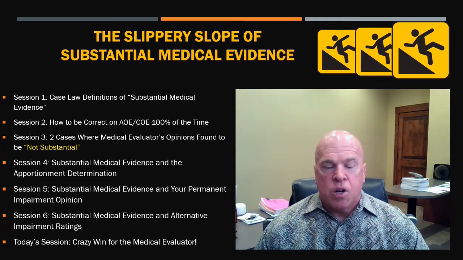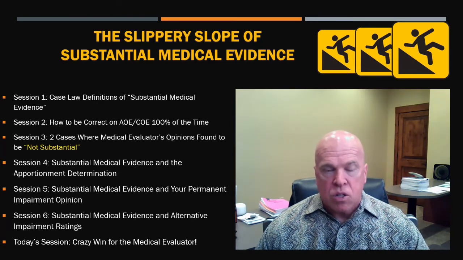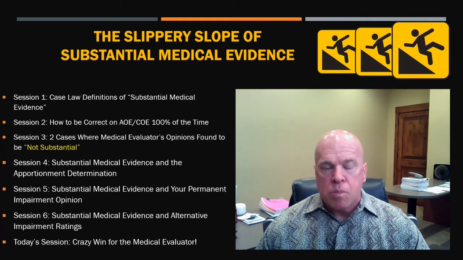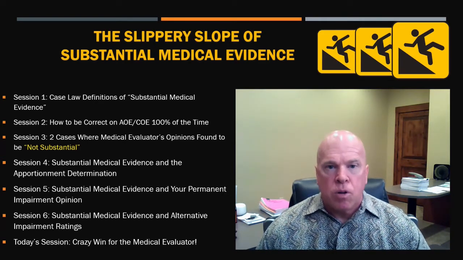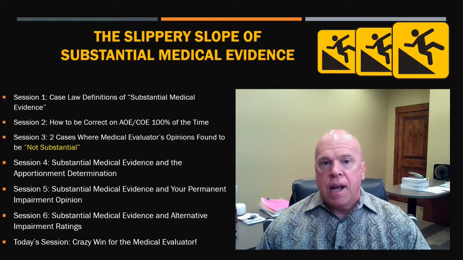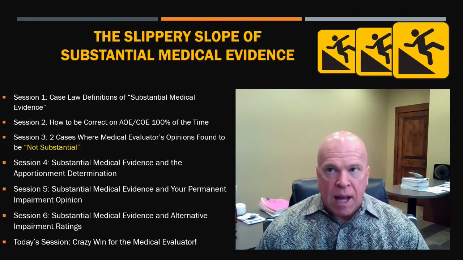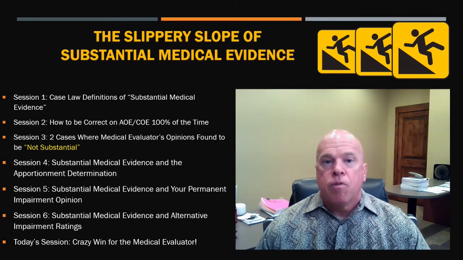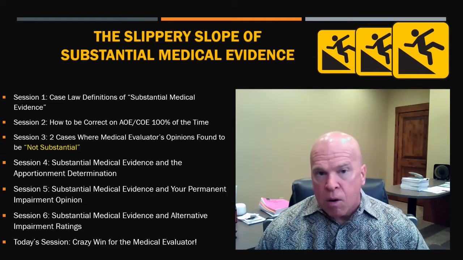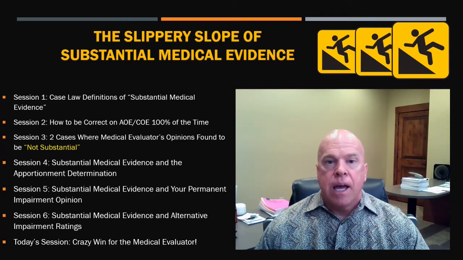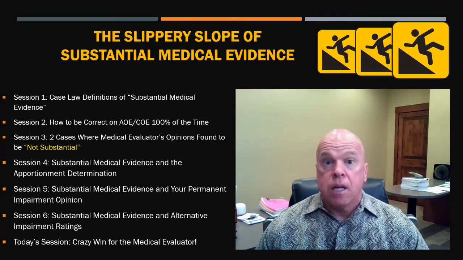And it's a crazy case because it illustrates really how simple it is to provide for an alternative impairment rating, and how simple it can be for you to provide enough support for your higher rating to have that rating succeed as a substantial opinion.